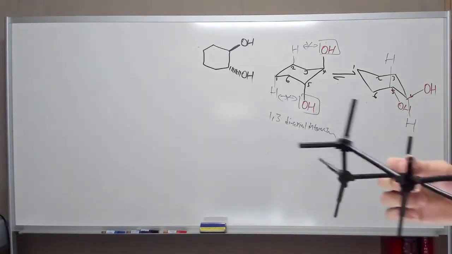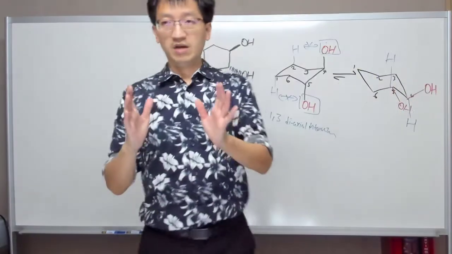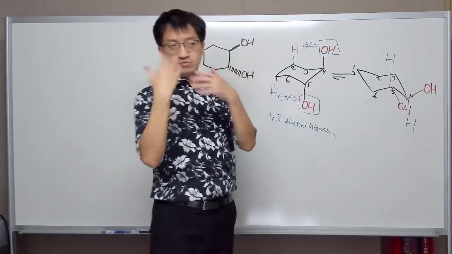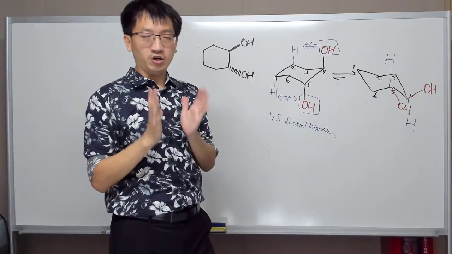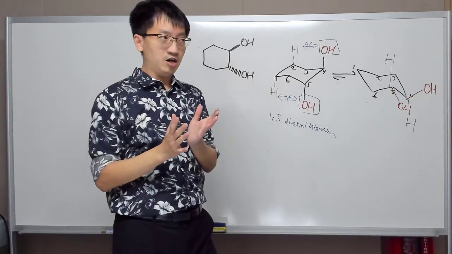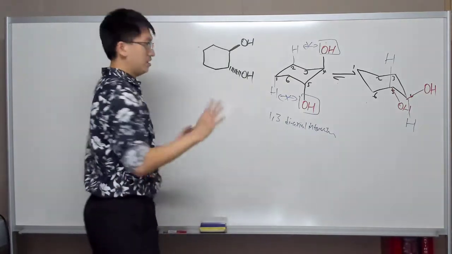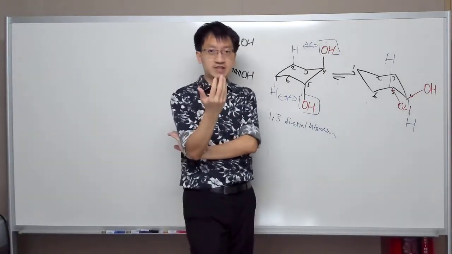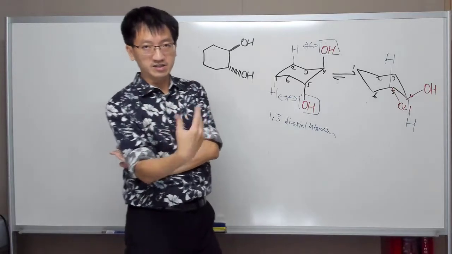Next, I'm just going to run you through an example of a ring flip so that you are able to draw the more stable conformation and at the same time with the correct configuration. This is usually a problem that students have when they are doing their tutorials or working on assessment questions.